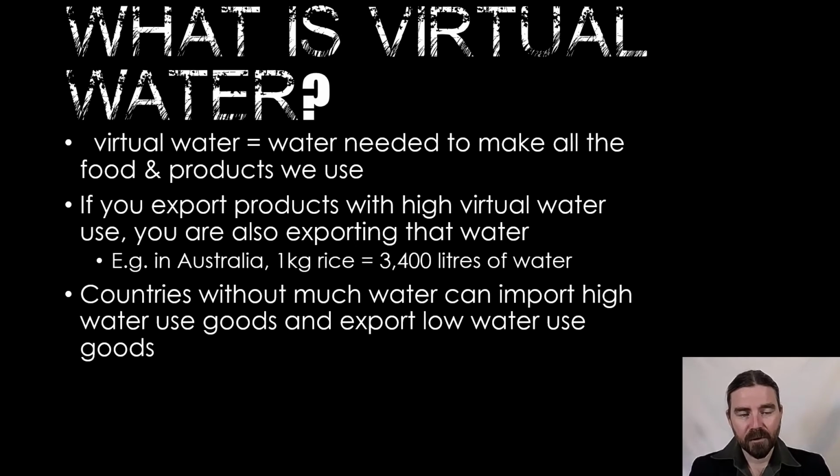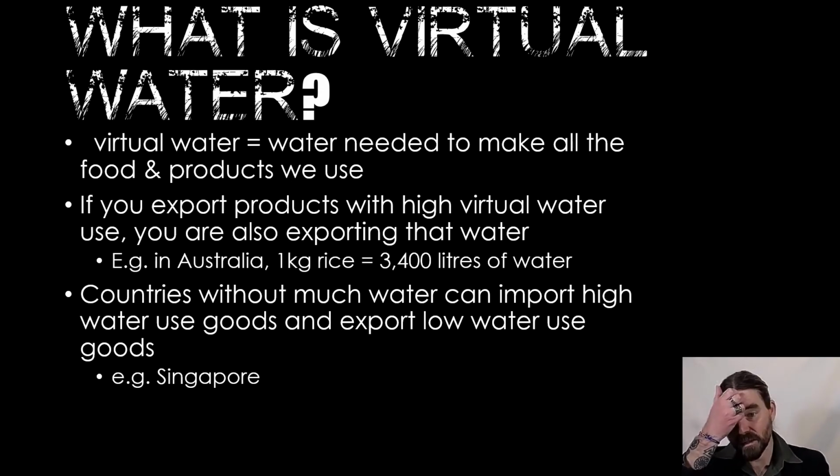So, on the other hand, countries that don't have much water can import high water use goods and export low water use goods. So, for example, Singapore. Singapore is a city-state. It's just Singapore and a few fields around it. It doesn't have a lot of water because it doesn't have a lot of land. And so it imports all of its food, which is made using heaps and heaps of virtual water.